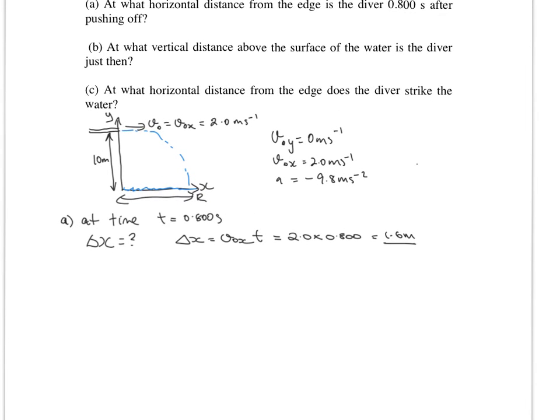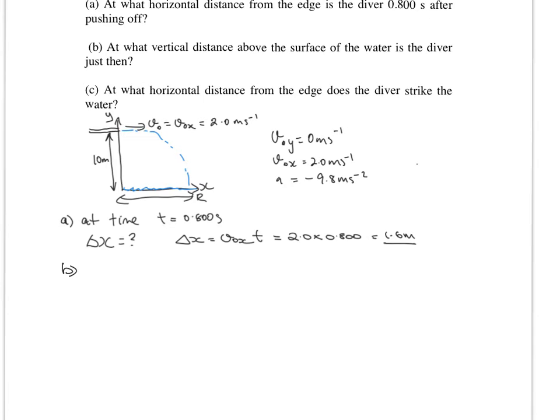The next question is saying, and you need to be a bit careful about what the question's asking for, at what vertical distance above the surface of the water is the diver just then? So at 0.8 of a second. We need to find out what our y coordinate is. This is different to the displacement from the original position. We're trying to find our final y coordinate.